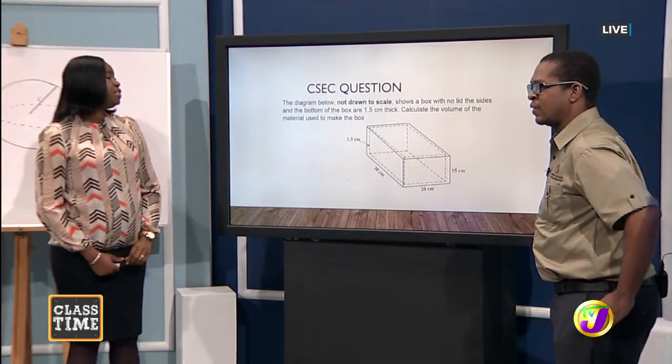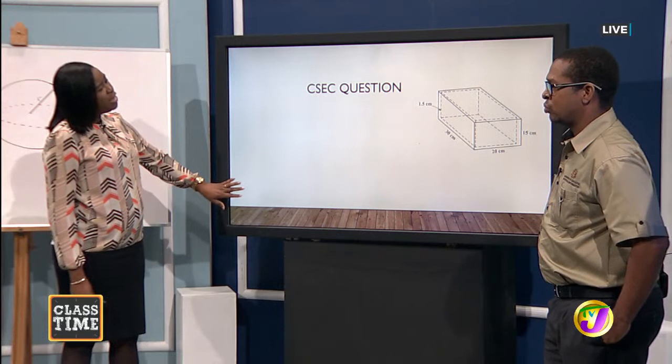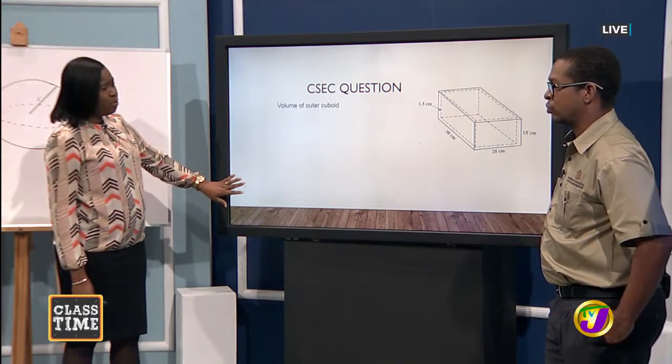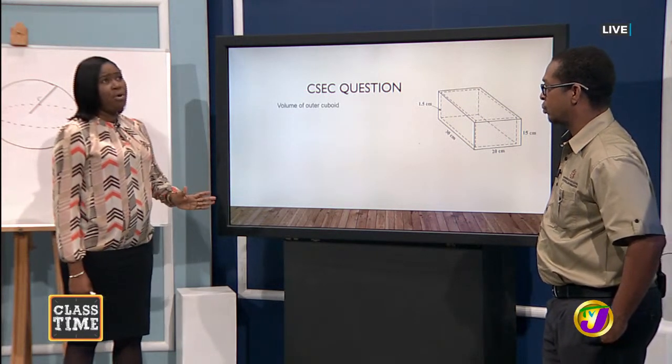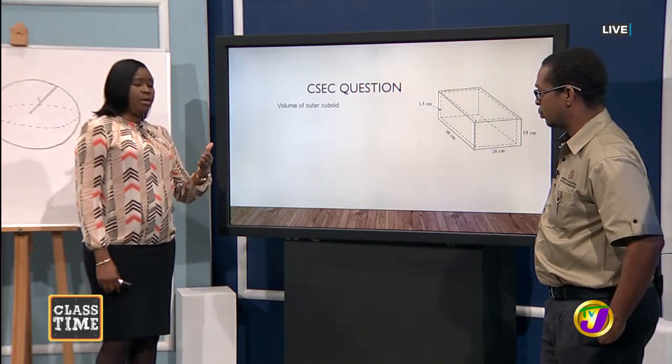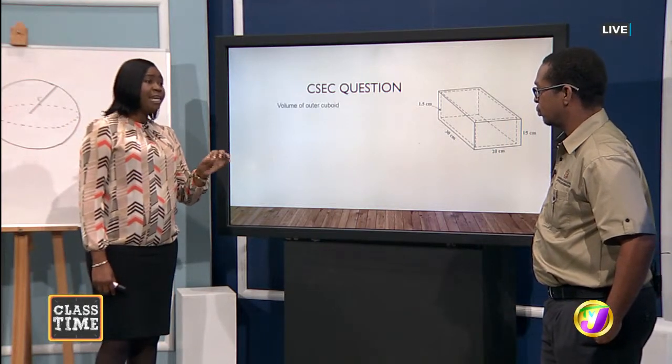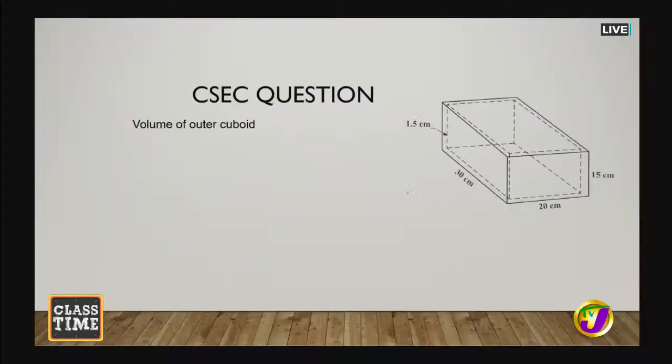Yes, very similar. Taking that into consideration, we'd have to find the volume of the outer cuboid. And remember, the cross-sectional area would be a rectangle times the height.